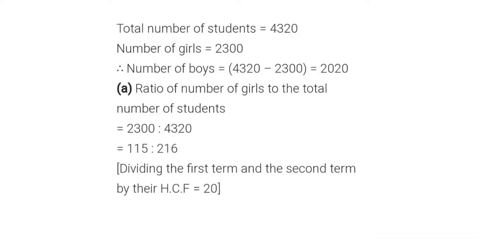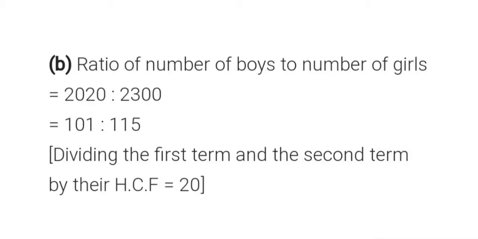So first one, the number of girls to the total number of students. The number of girls is 2,300 and the total number of students is 4,320. So it will come 115 ratio 216. Number B, ratio of the number of boys to the number of girls. The number of boys is 2,020 and the number of girls is 2,300.